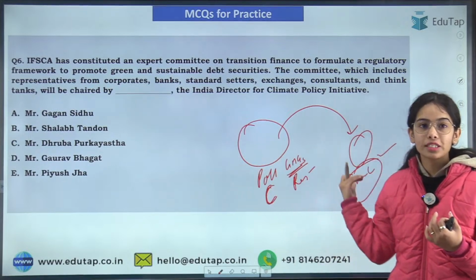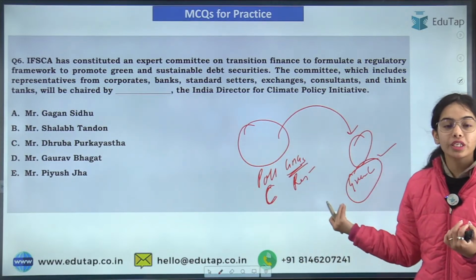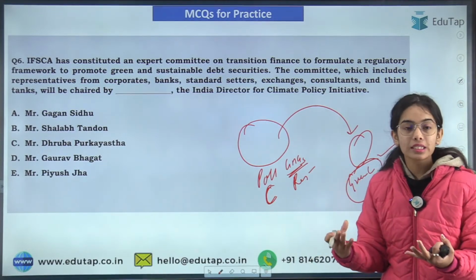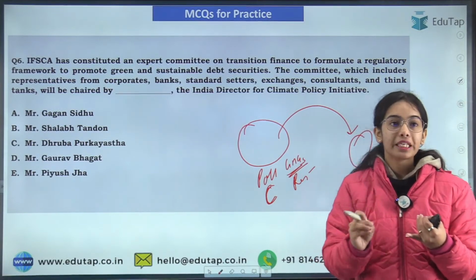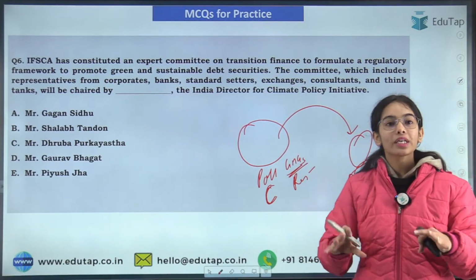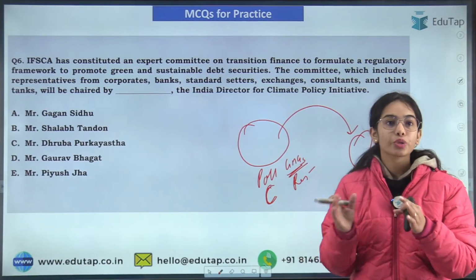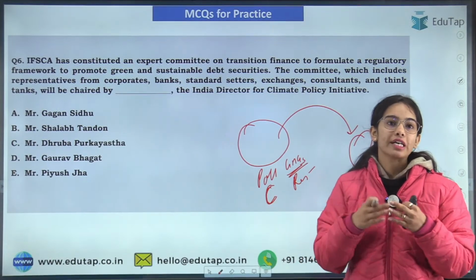For transitioning from a polluting company to a non-polluting company, you will require some money to buy the new technology and the new materials. So for this transition finance, an IFSC committee has been constituted to decide what kind of regulatory framework should be prepared for better expansion of transition finance.